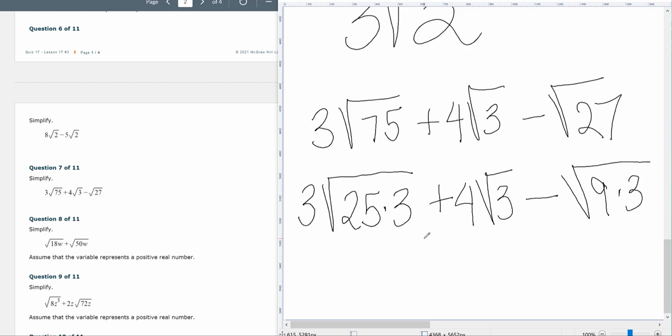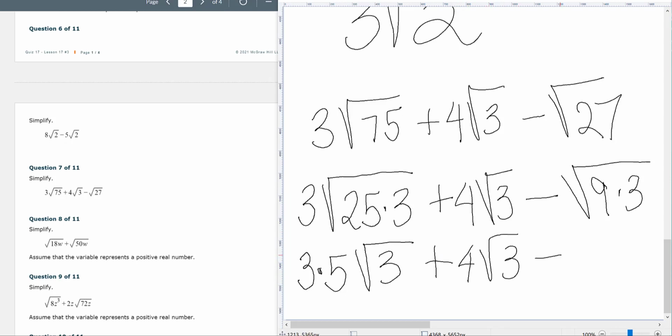So now I'm going to bring out the squares and I'm going to multiply them times what is outside. So that's going to be a 3 times 5 square root of 3 plus a 4 square root of 3. And the 9 can come outside, so that'll be minus a 3 square root of 3.